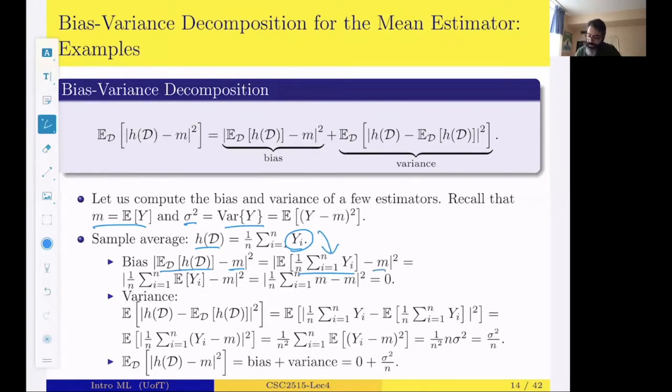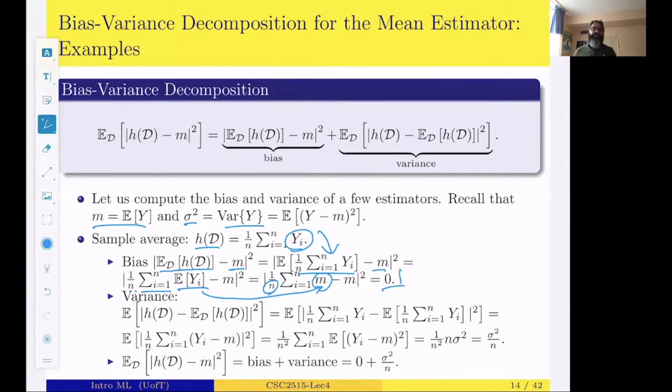Then I reorder the summation and expectation, so it would be 1 over n times the summation from 1 to n of the expectation of y_i. But the expectation of y_i is the mean of that distribution, so each of them becomes m. So we have the summation of n terms of m divided by n, which would be m in total. So we get m minus m, squared, which is 0.